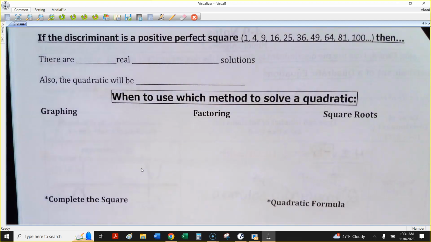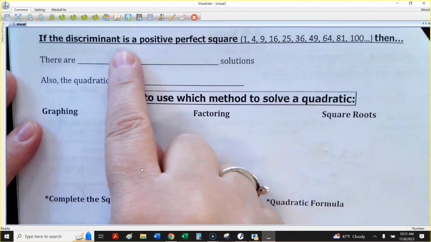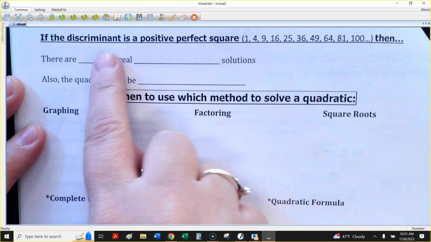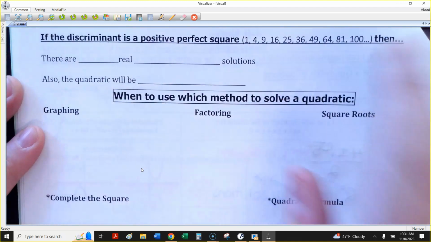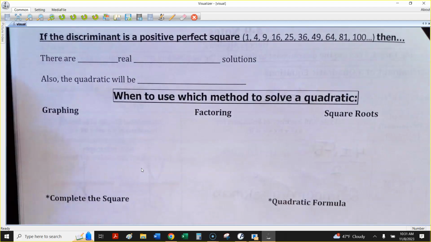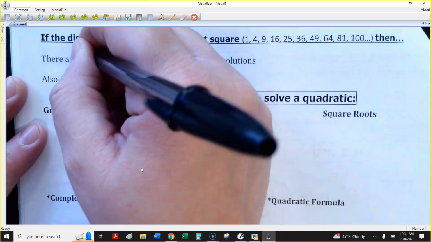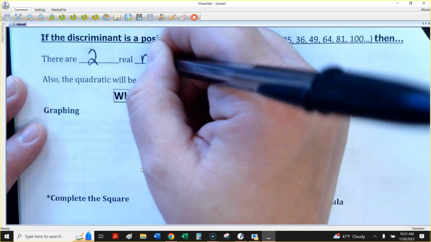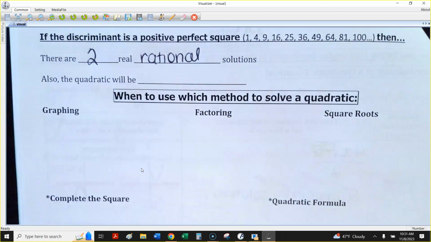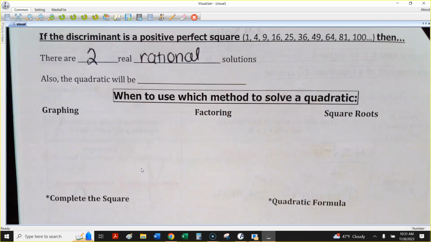And one thing I want to point out before we get into that, if the discriminant, so what we were just talking about on the front, is a positive perfect square, and I know I told you this on the front, but I'm going to write it again, you have 2 real rational solutions. So I have 2 nice answers, or at least I could write them as a fraction.